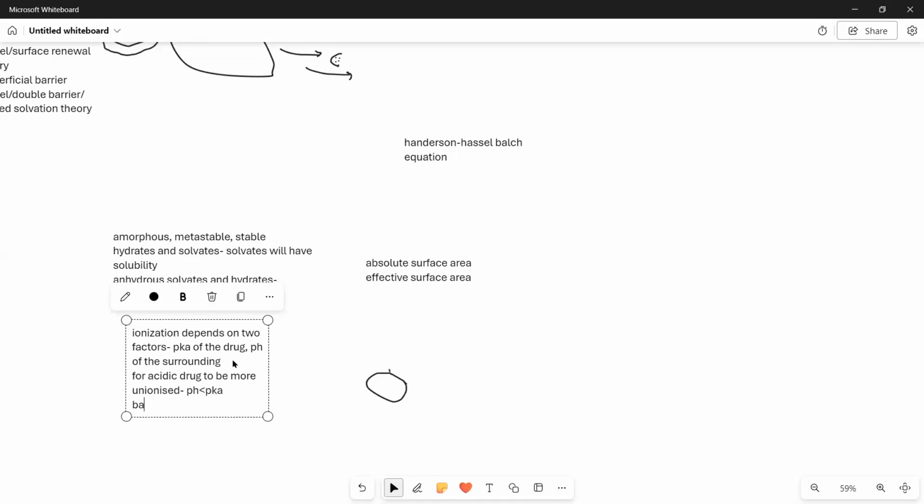For basic drugs, for maximum unionization, the pH should be greater than the pKa of that base. So this is basically the relationship between the pH and the pKa. I'll write it down.